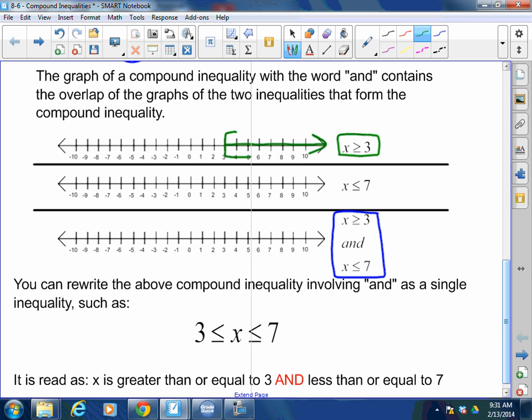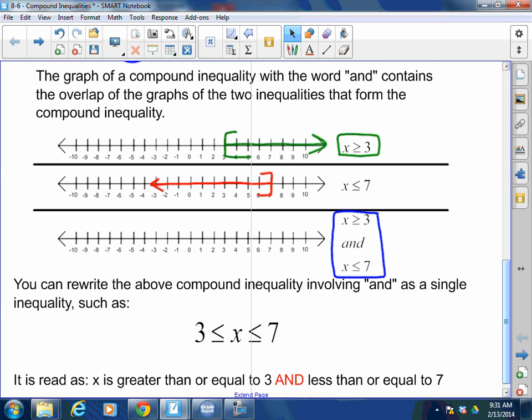And it goes that way. Makes sense, right? Now, X is less than or equal to 7. Bracket around the 7, and it goes that way. Is everyone with me there?